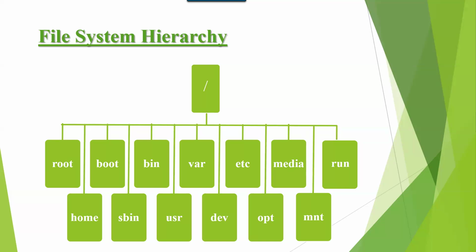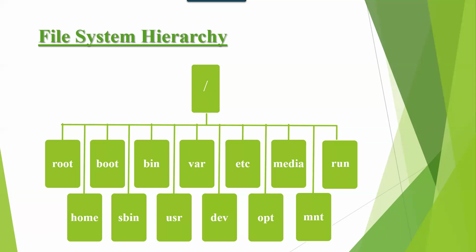What it contains is subdirectories. These are all the directories under forward slash. The first subdirectory under forward slash is root. Root is the home directory for the super user. Super user means administrator. In Windows we call it administrator, in Linux we call it super user.